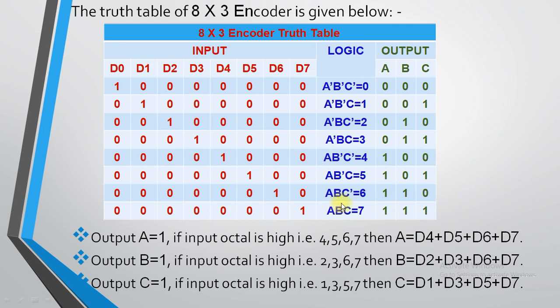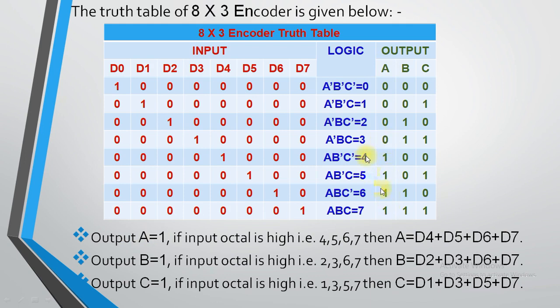In the logical portion, you need to add one more thing. You need to give numbers 0 to 7. Now see what you need to do for the output variable A equals to 1. Consider the column of output variable A: 1, 1, 1, 1.